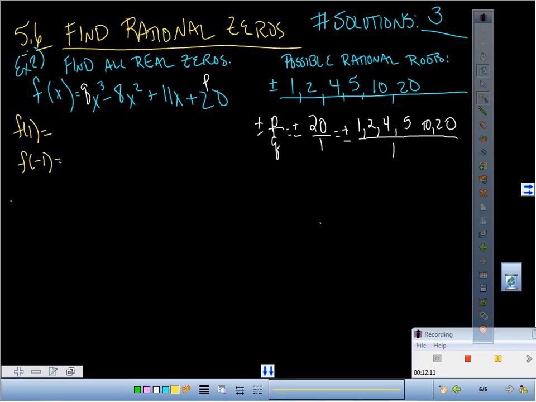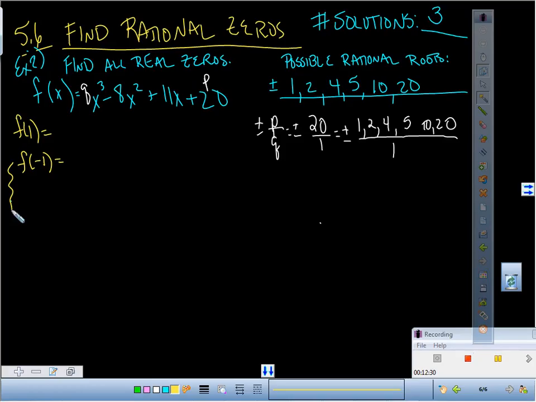Now look, I'm plugging them into my polynomial. What am I looking for them to be equal to? 0. We're looking for them to be 0. If they are 0, we know it's a 0. It's amazing.